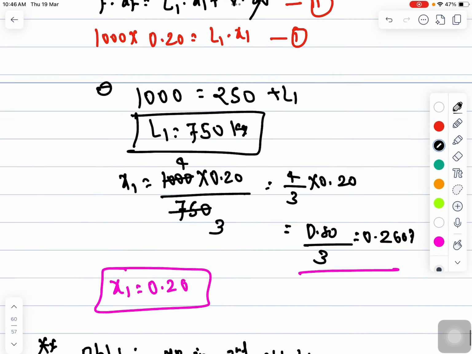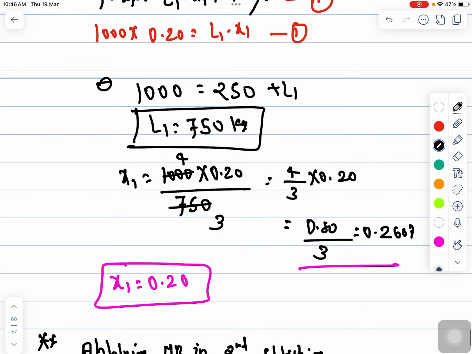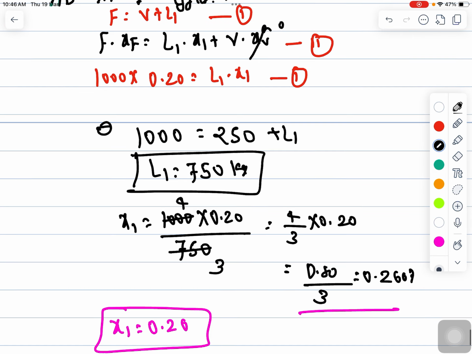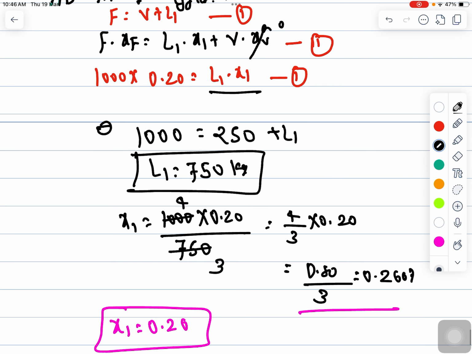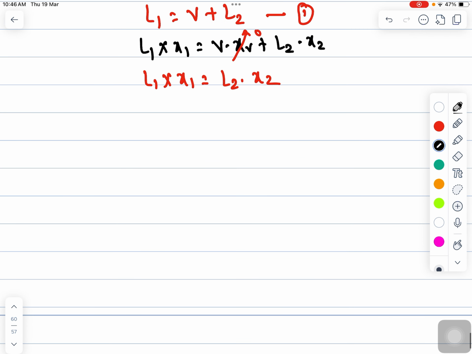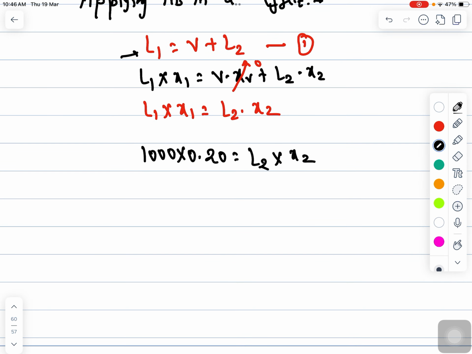Is that clear? And we know the value of L1 and X1. So L1 into X1 equals 1000 into 0.20, which is equal to L2 into X2, right? And from here, you know the value of L1 is 750.